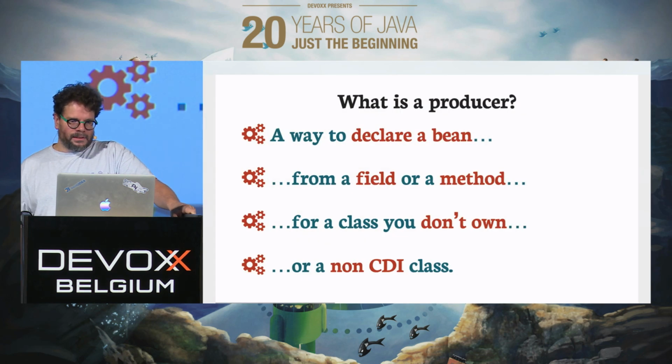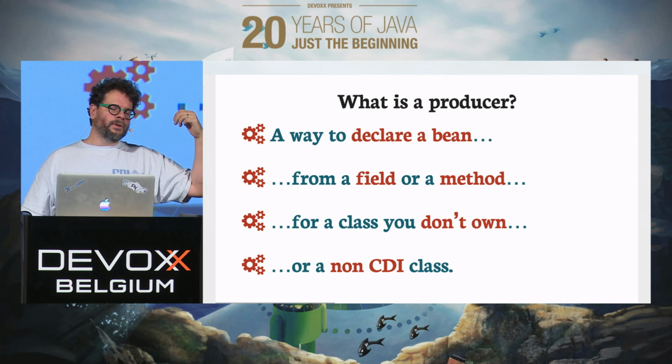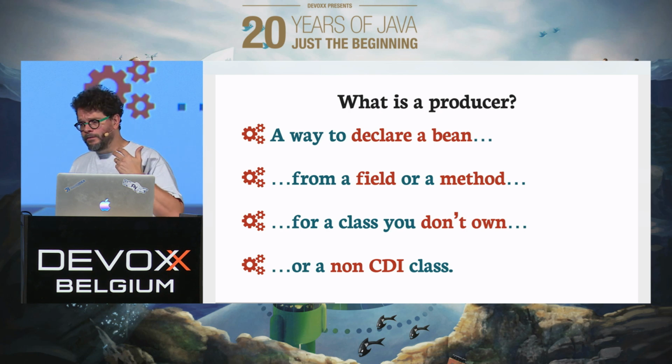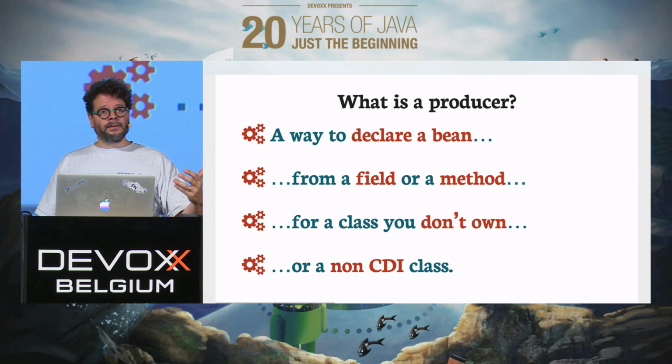A producer is another way to declare a bean. So we saw in the previous example that we can declare a bean with a class. But you have this new way to declare a bean. You can declare a bean from a field or a method with a producer. You can do that to expose a class that you don't own as a bean.